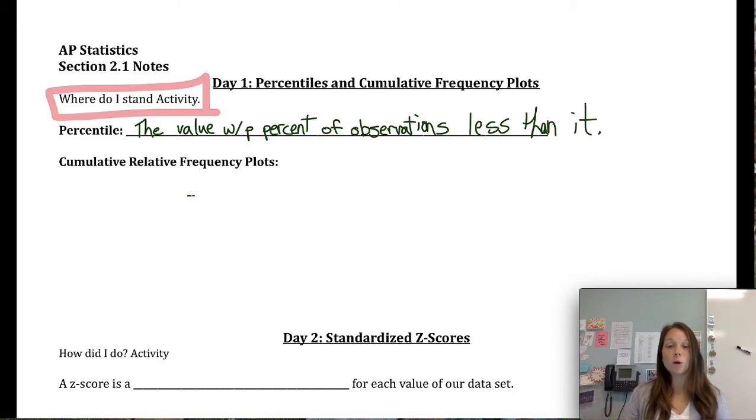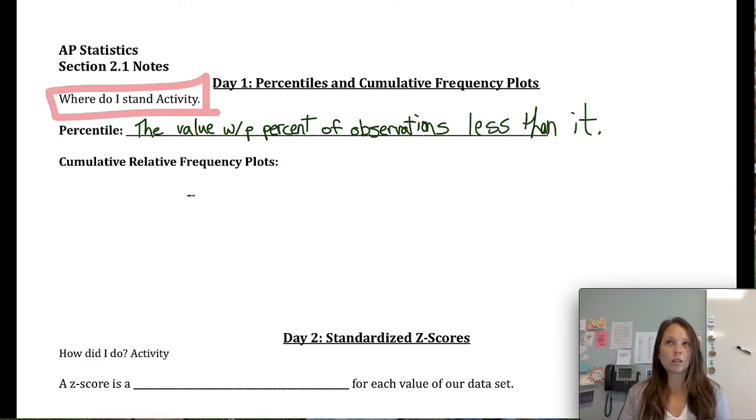So, for example, when my last son Jackson was born, he was in the 98th percentile, meaning 98% of babies are way less than him. His weight put him in the 98th percentile because he was a really big baby.